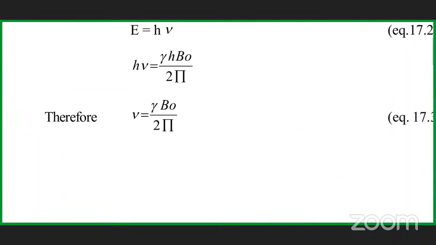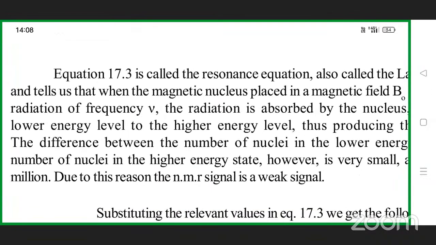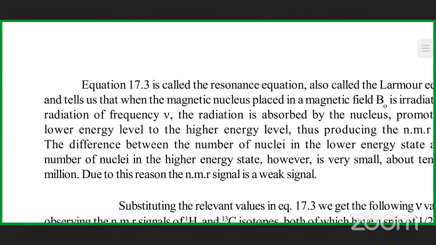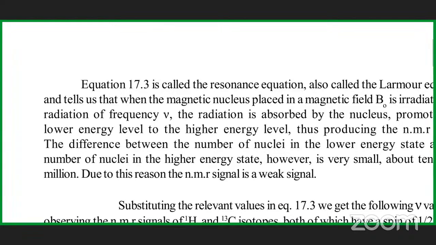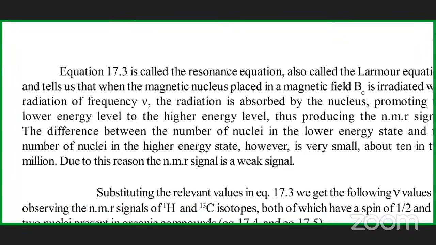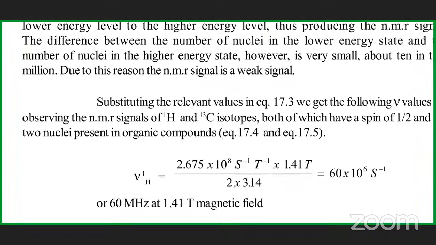In this way, we see the electrons occupying various levels, the alpha level and the beta level. The beta level is the higher energy level. This kind of phenomenon is observed during resonance.